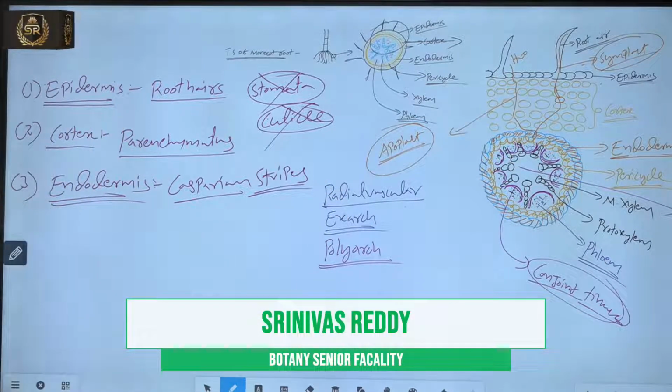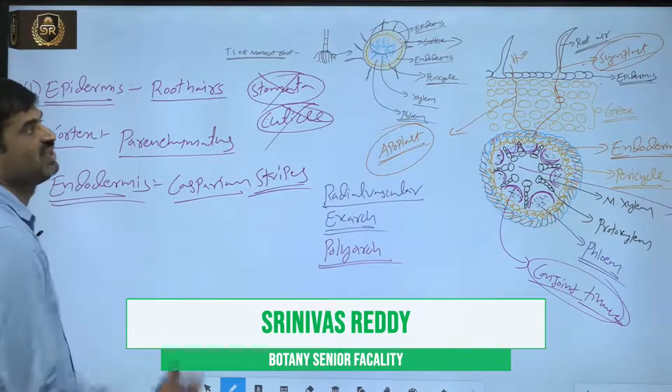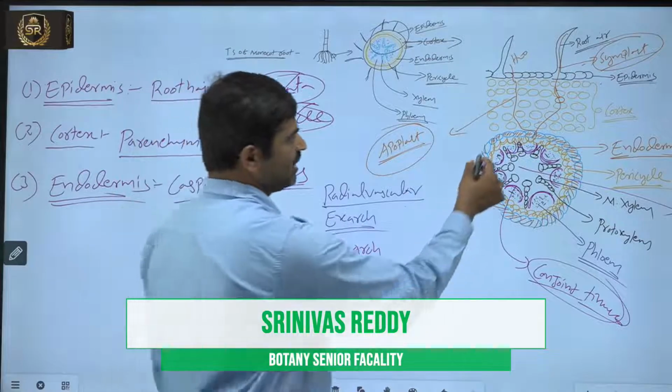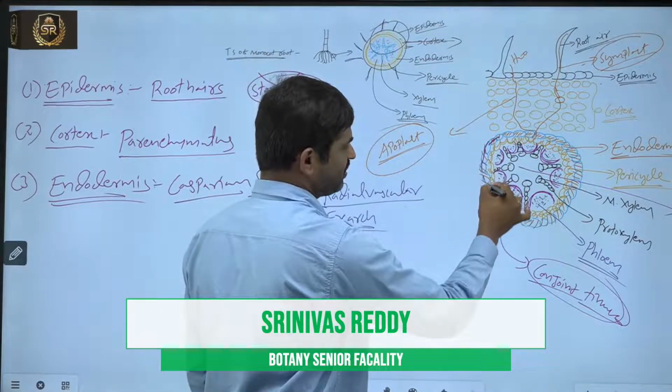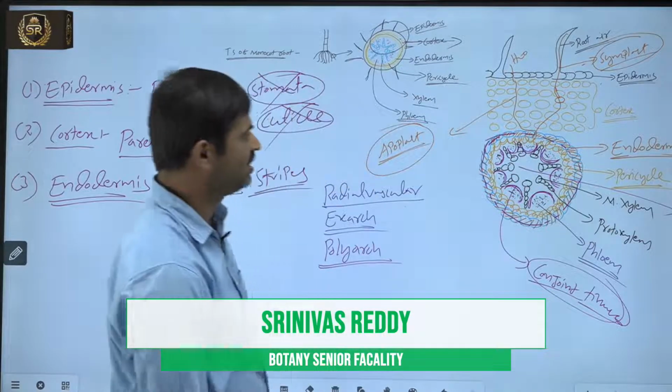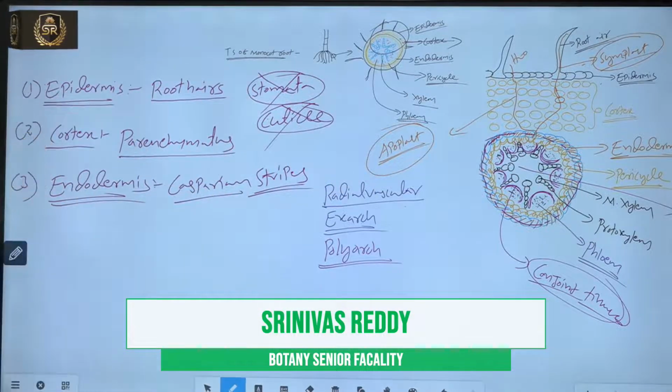Casparian strips' main function is prevention of leakage of water from stele to cortex region.